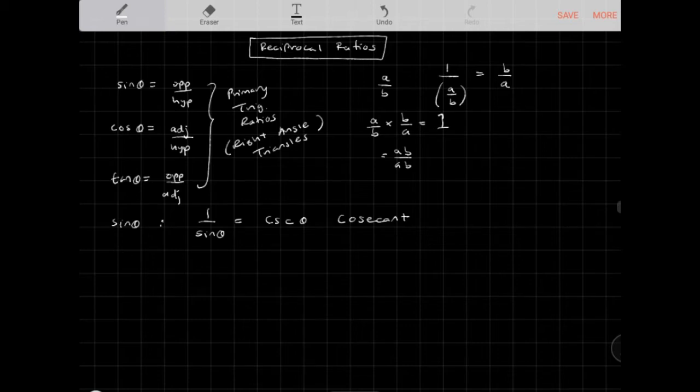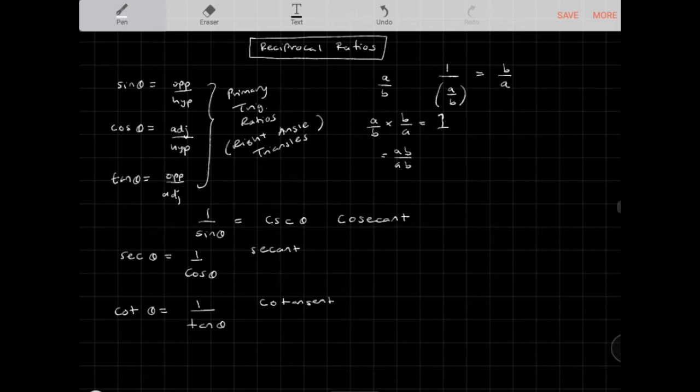The reciprocal of cosine is something called secant, and secant is 1 over cosine theta. And the reciprocal of tan is something called cotangent. Cotangent is 1 over tan theta, right?